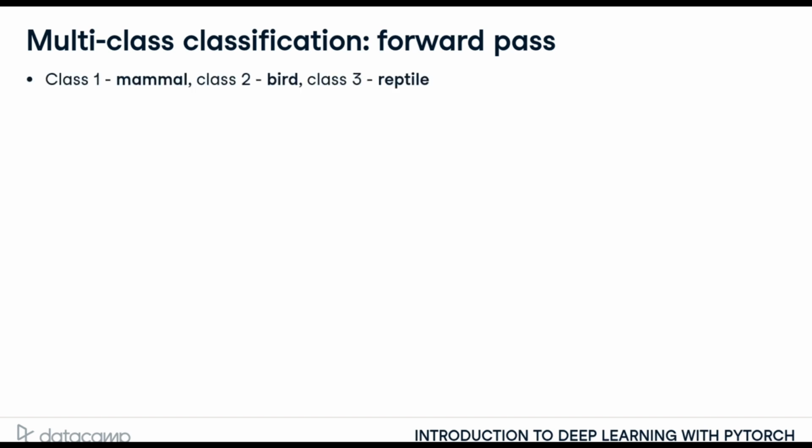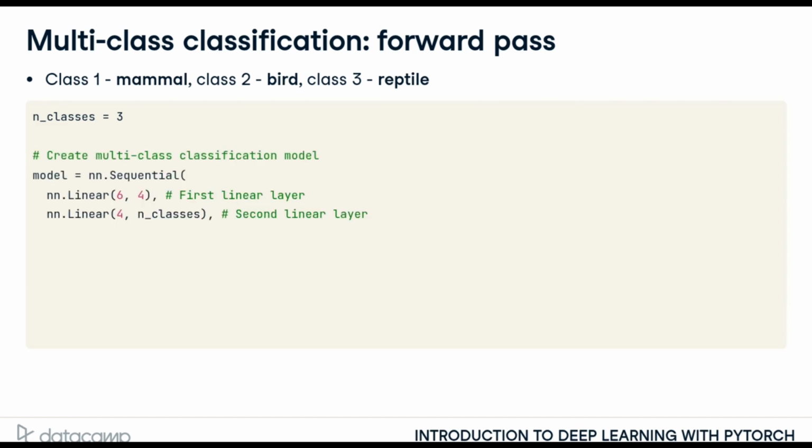Say we are predicting 3 classes: mammal, bird, or reptile. We specify our model has 3 classes, setting this value as the last linear layer's output dimension. We use Softmax instead of Sigmoid, with dim equals -1 to indicate the 5 animals have the same last dimension as the last linear layer's output.